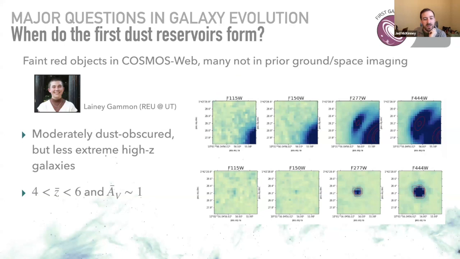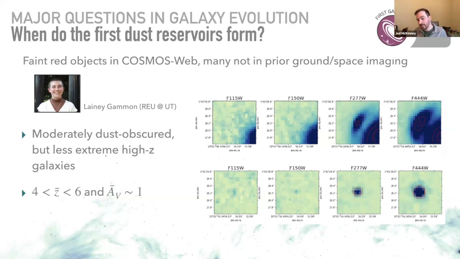And what she's finding is a bunch of really interesting sources that drop out of the F150W band. So we're not seeing them at 1.5 microns, but then we see them in the F277W and F444W bands, and they're actually quite bright in F444W, relatively speaking, because the SEDs are rising because they're so red.